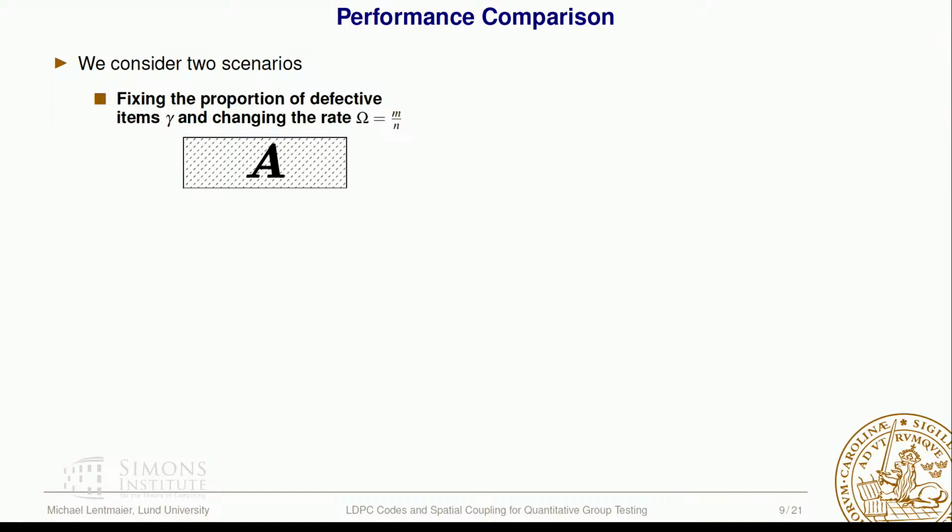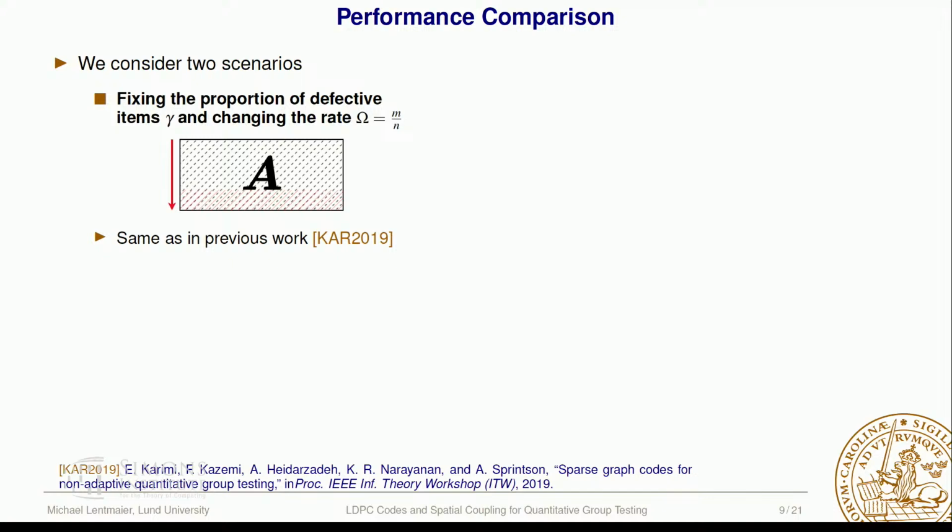So what we do now is a performance comparison, and we consider two scenarios. The first one is that we fix gamma, the fraction of defective items, and change the rate of the scheme. Basically, we're adding redundancy until we know that it will converge.